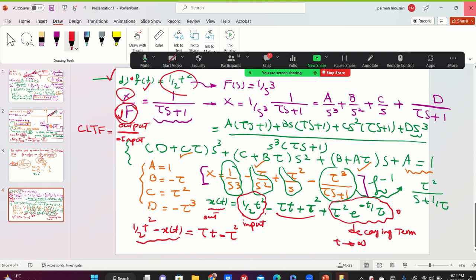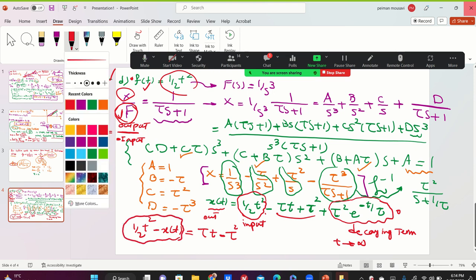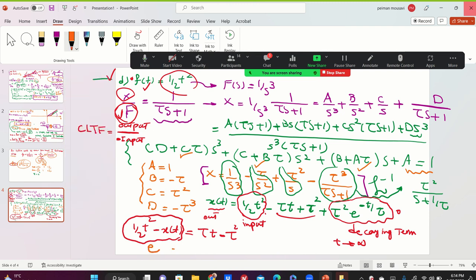So what's the name of this in the block diagram? You tell me. Error signal, exactly. So this is E. So your E here is changing with time, which means E is increasing and is not constant anymore, like with the ramp input.